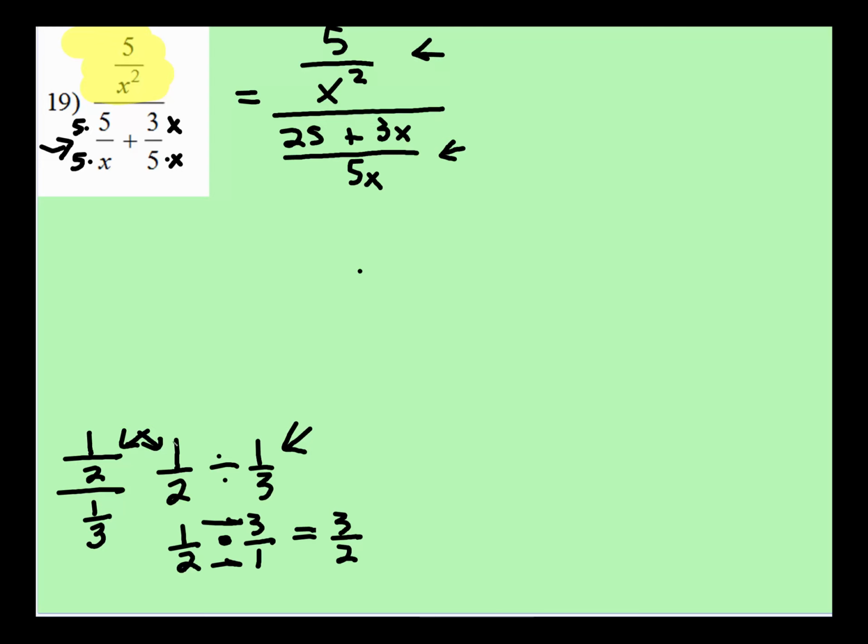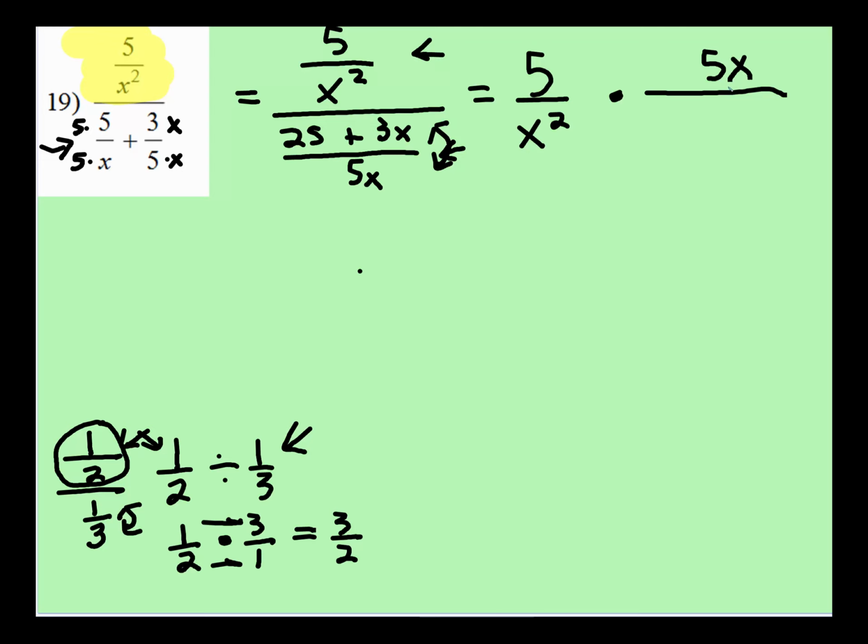We took the top fraction, we multiplied the inverse of the bottom fraction. So that's what we're going to do here. We're going to take the top fraction, 5 over x squared. We're going to multiply the inverse, or the reciprocal, of the bottom fraction, which is, we're going to flip it.